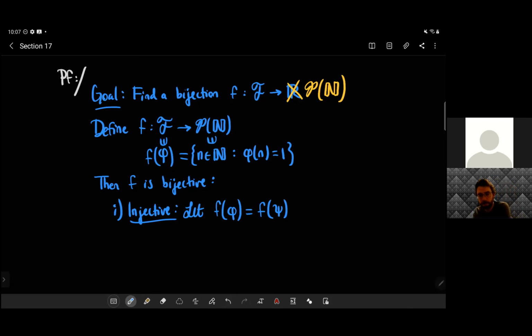Okay, again, weird. You're plugging functions into functions and getting sets out. But stick with me. So phi and psi are just in this family F.